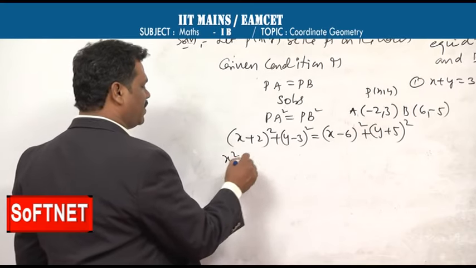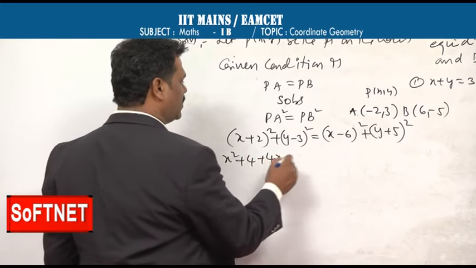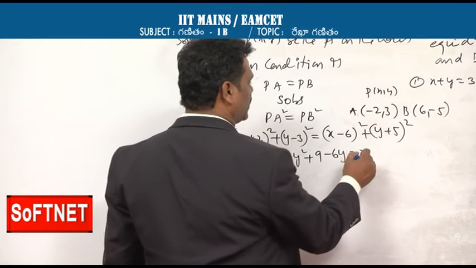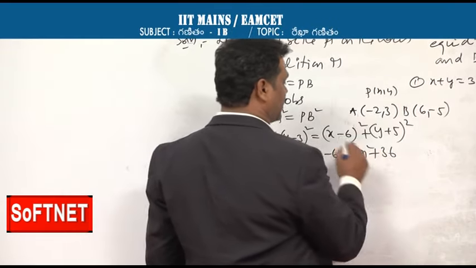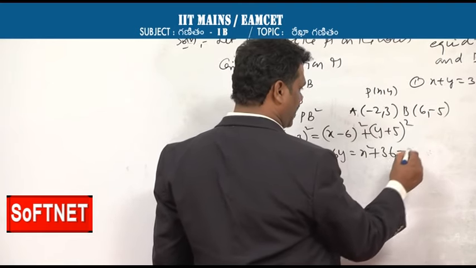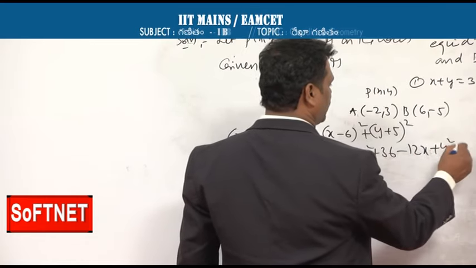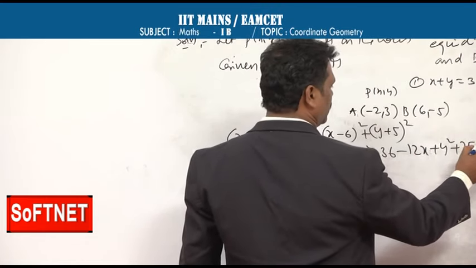Expanding: x square plus 4 plus 4x plus y square plus 9 minus 6y equals x square plus 36 minus 12x plus y square plus 25 plus 10y.